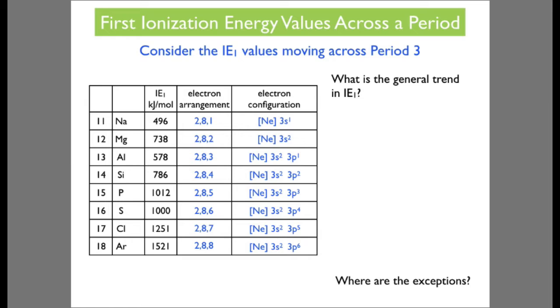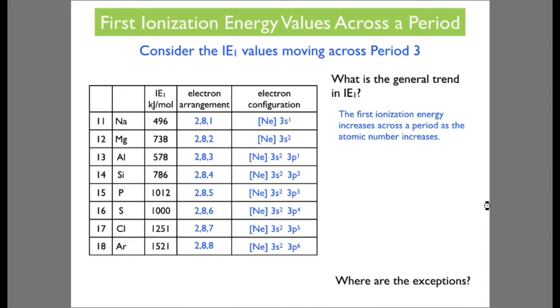Let's consider the first ionization energy values moving across period 3. Let's have a look. So, there's something weird going on, isn't it? Let's explore more deeply. The general trend is the first ionization energy increases across a period as the atomic number increases.